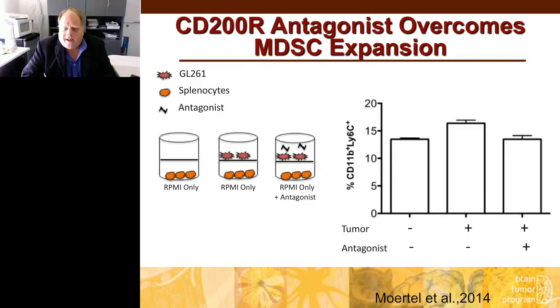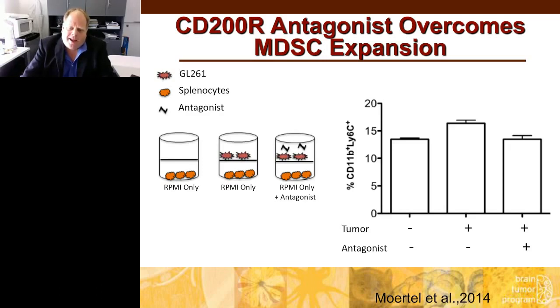So earlier on, and this was actually published, we showed that if you use transwell plates and you put just splenocytes on the bottom, and you put gliomas on the top with or without the antagonist, we can actually show that we get an expansion of the myeloid-derived suppressor cell population.